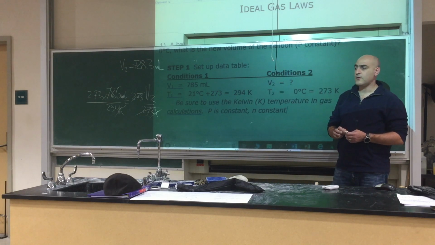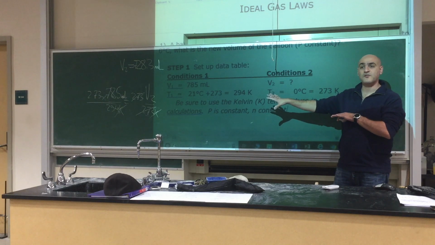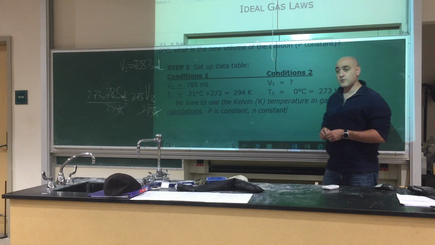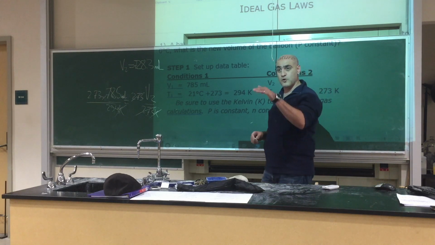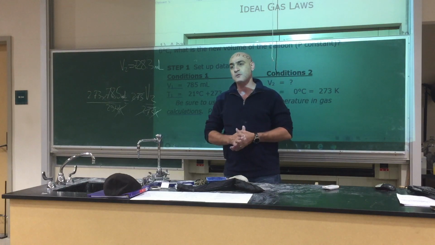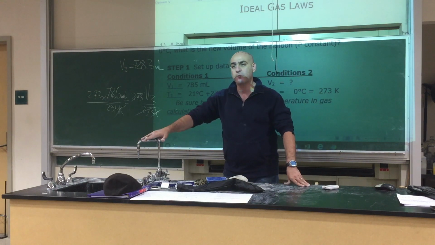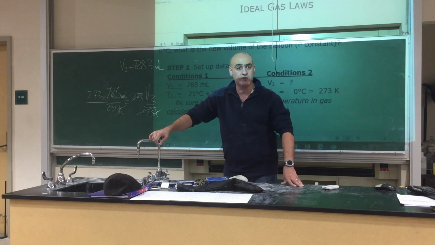I did the algebra after. So I started with V1 over T1 is equal to V2 over T2, plugging the values, and then did the algebra. So we only want to use the variables that we know what the values are. Anything constant just drops out of it. And I'll give you guys a chance to work on another question.